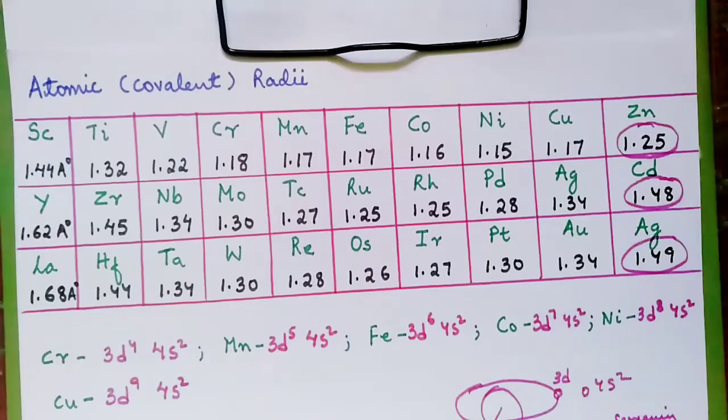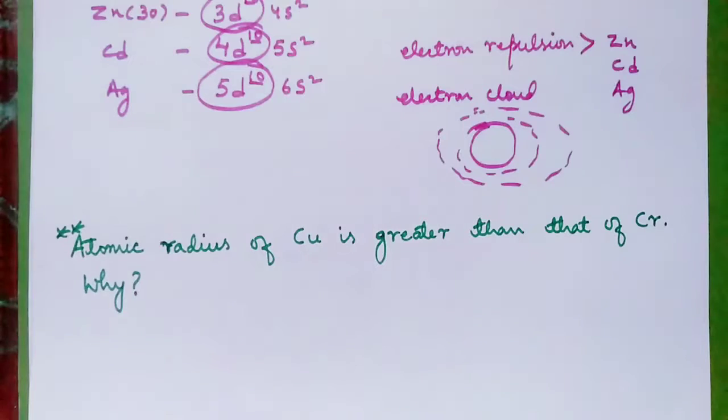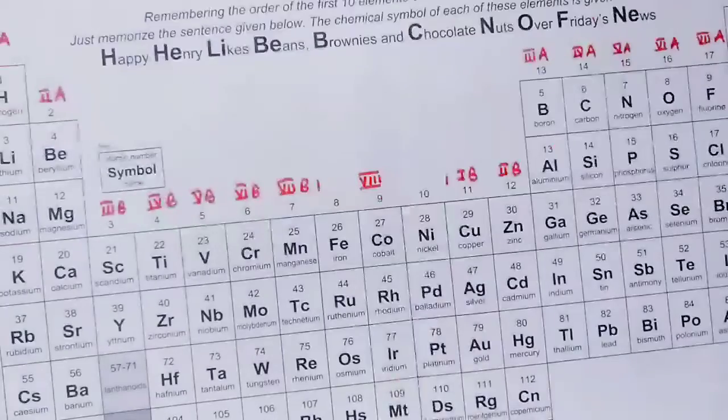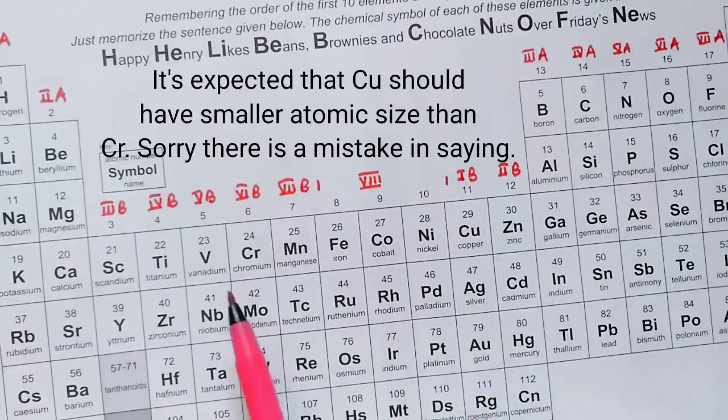Now we come to the most interesting question, the conceptual question based on this one. The atomic radius of copper is greater than that of chromium. Why? From the periodic table, it is expected that copper should have a smaller radius than that of chromium, right?